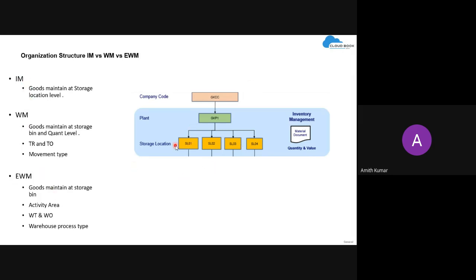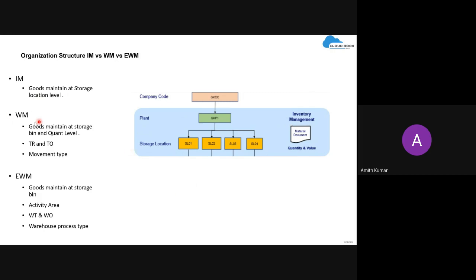So in this picture, you can see that if it is IM managed, meaning inventory managed storage location, then this is how your enterprise structure will look like. So your plant, for example, this is a plant, and it will be just assigned to the storage location. So your stock will be managed at storage location level. So there is no warehouse in IM, in inventory, right?